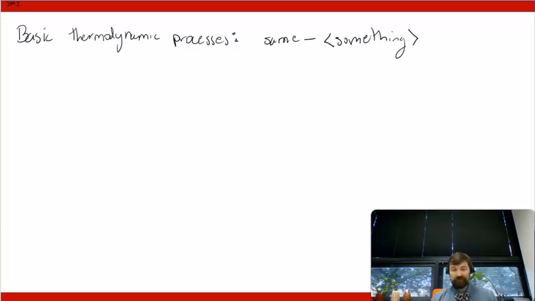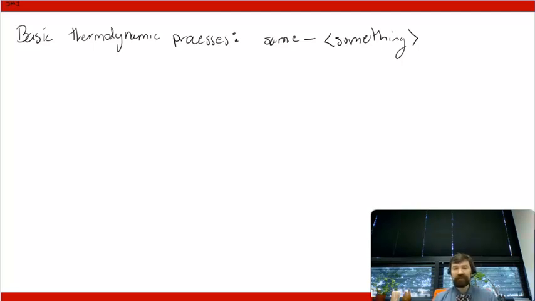Each one of these processes that I'm going to describe is a constant something process, but the something changes from one process to the next. The prefix iso in this case means constant or uniform, or you could think of it as same.